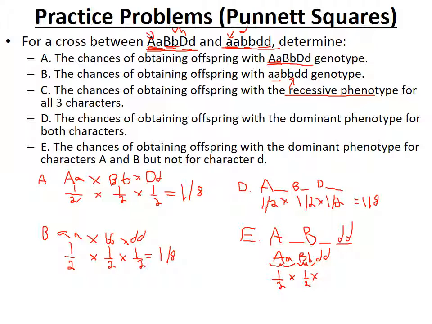And to get little d, well, that's also half a chance, because it's half times 1. And that's 1/8, 1/8 chances of getting this genotype, which satisfies the phenotype described in the question.